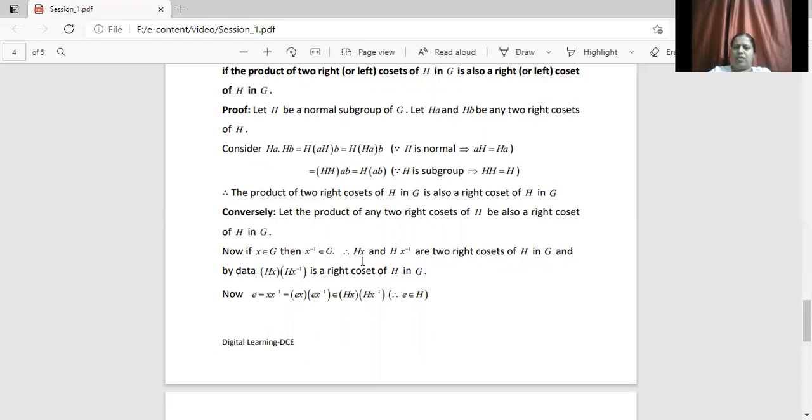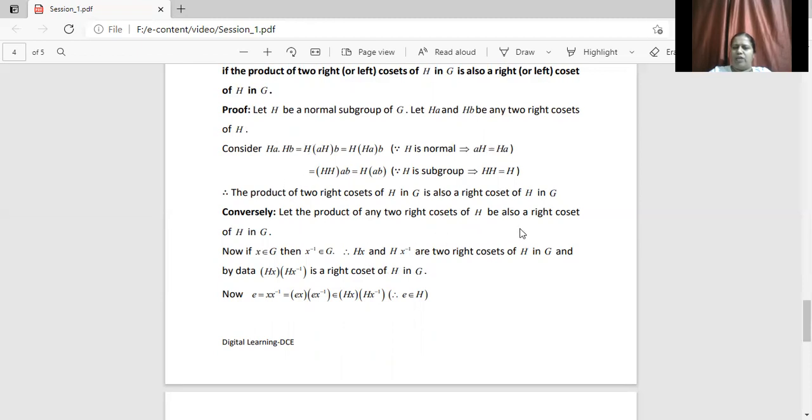Therefore, Hx and Hx inverse are two right cosets of H in G. Because when I have x as an element of G, x inverse is also an element of G, then the right cosets Hx and Hx inverse are two right cosets of H in G. And by data, their product Hx into Hx inverse is a right coset of H in G. That is given here.